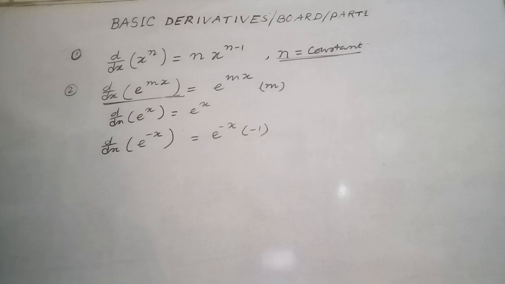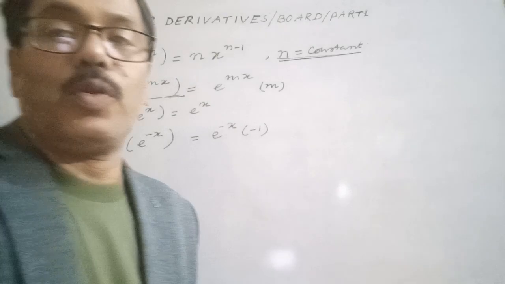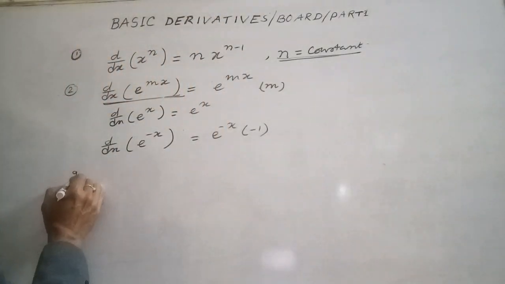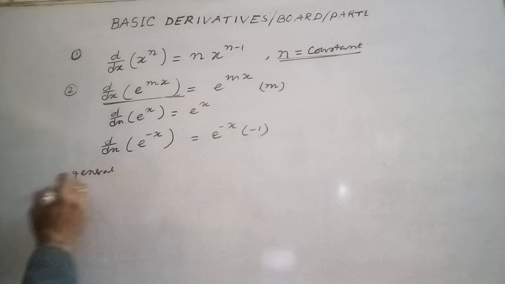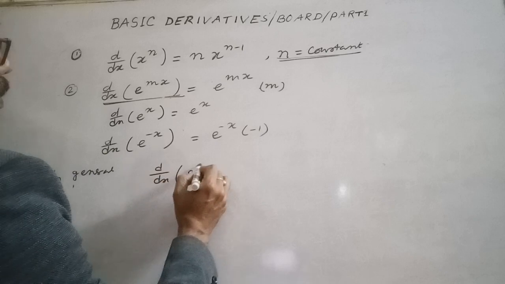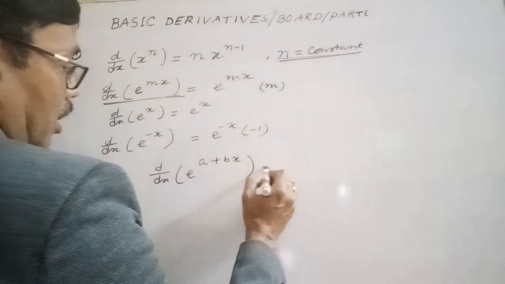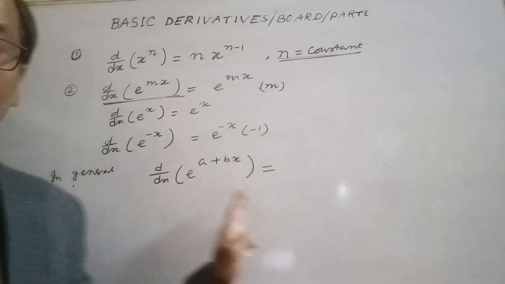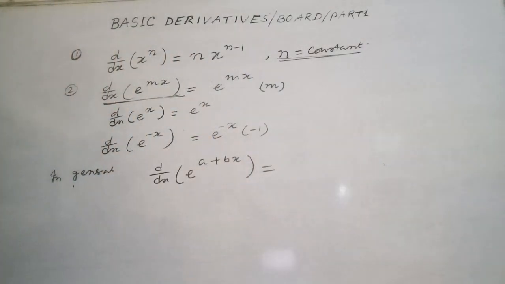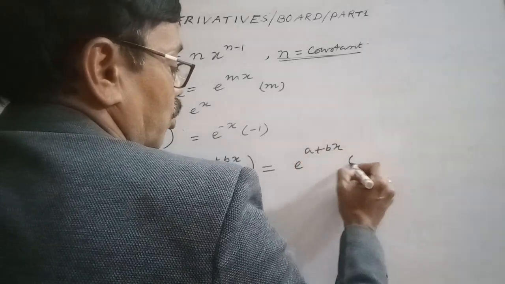Now, I have already discussed that these basic derivatives are applicable when the argument is a linear function. So what is the general formula? In general, d/dx of e to the power a plus bx is e to the power a plus bx into b, because a plus bx is linear algebraic.